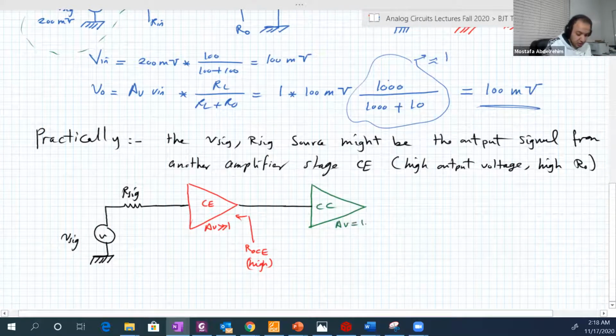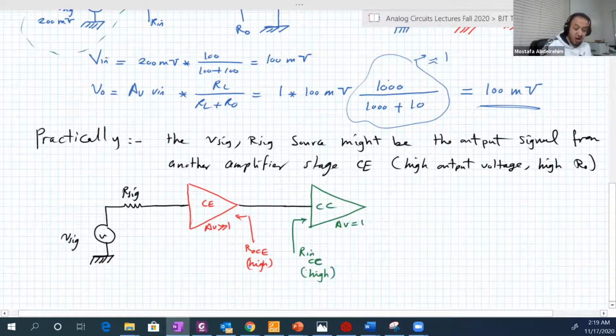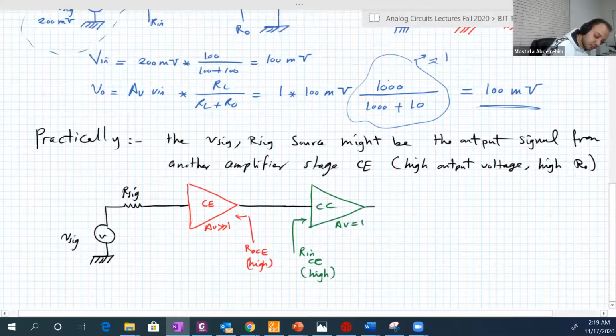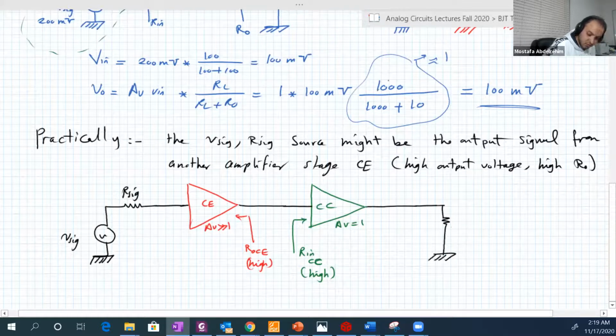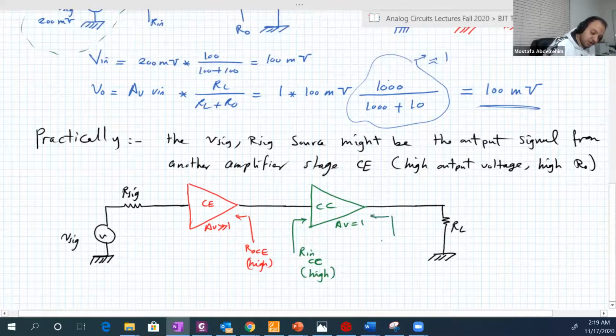That's good, but it has high input resistance. So this will be matched, high with high here, and low. Then we draw the load, and low output resistance, RO, common collector is low or small.